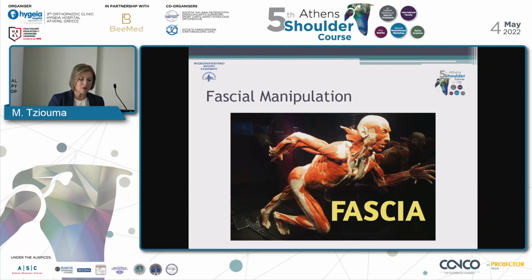This becomes the key question because the shoulder, as any other joint, is part of an interrelated system, and its relationship with the rest of the body is an essential part of its functionality. One manual technique that provides an effective treatment to specific areas of muscular fascia is fascia manipulation.